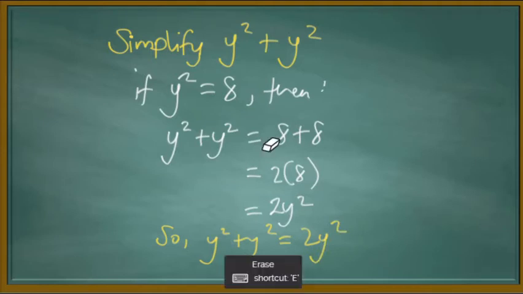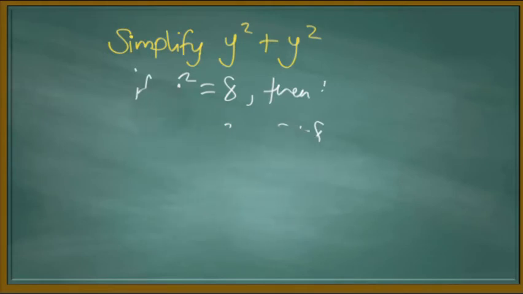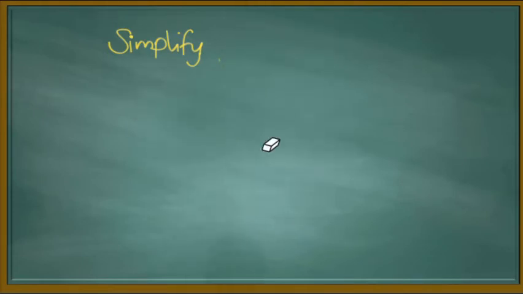Now, let's try one. What about 4y squared plus 3y squared?